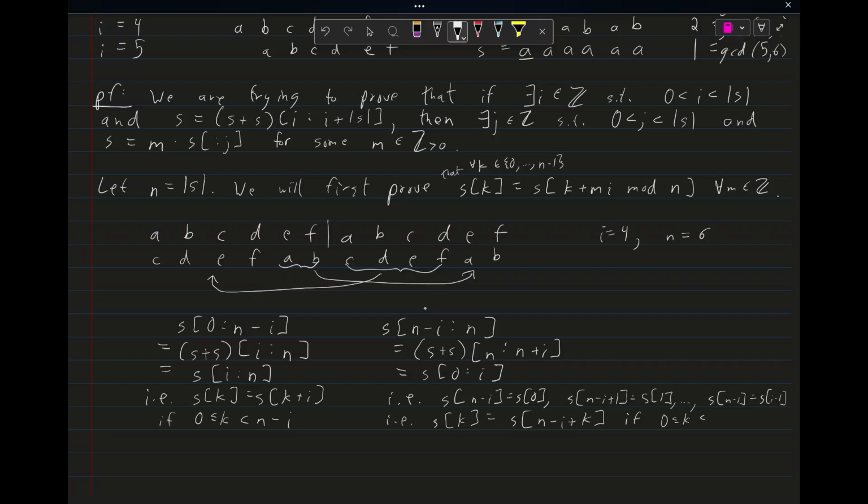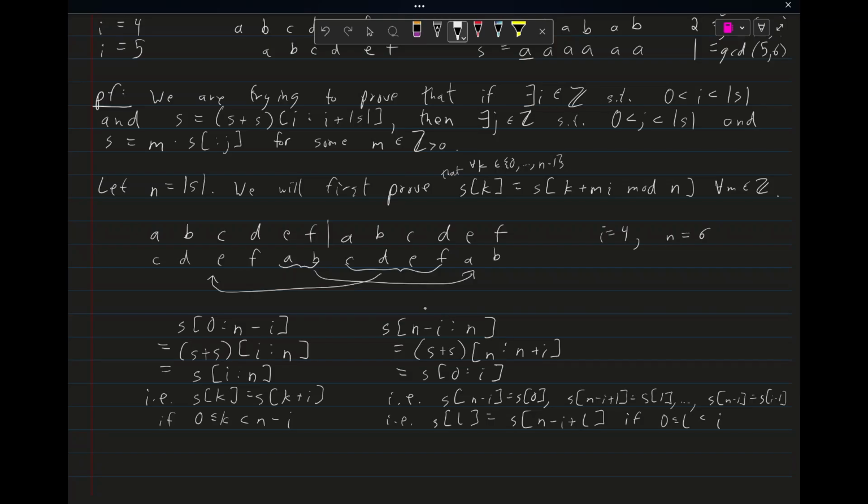Actually, I think we want to do a substitution here. Instead of k, we're running out of letters, so let's use L, if L is between 0 and strictly less than i.